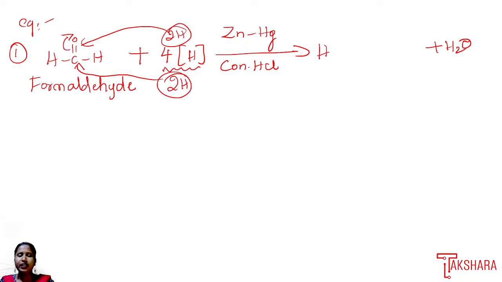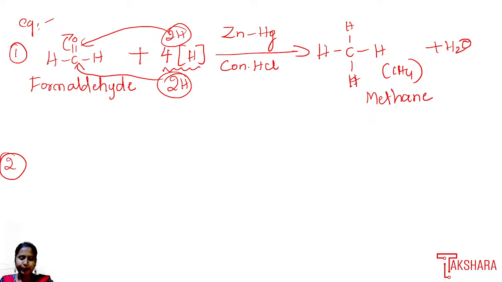We get H, CH, H, which is nothing but CH4. We call it methane. So the aldehyde is converted into a hydrocarbon, and the product is methane. This is the Clemmensen reduction.